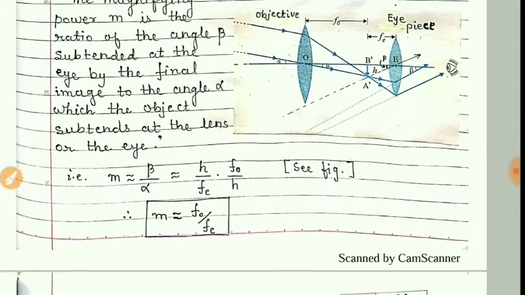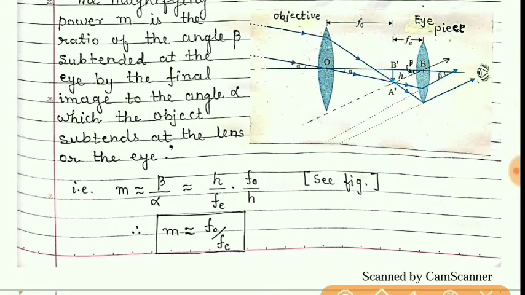Now from the figure it is clear that beta is equal to h upon fe. Look at the figure.